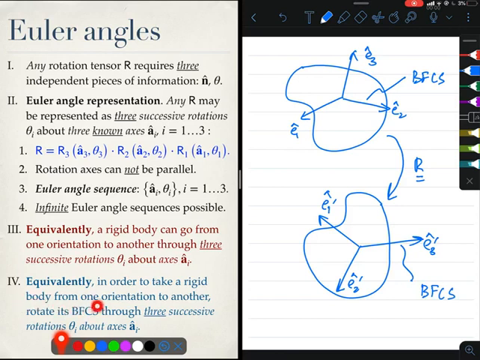So the rigid body goes from this orientation to that orientation. You take your BFCS, rotate it by theta 1 about some axis A1, then about A2 by some amount theta 2, then about A3 by some amount theta 3. Do it successively and you would have gone from this orientation to that orientation. What we are claiming here is that it is possible. How do you actually do it? It is best explained by an example which I am going to do next.